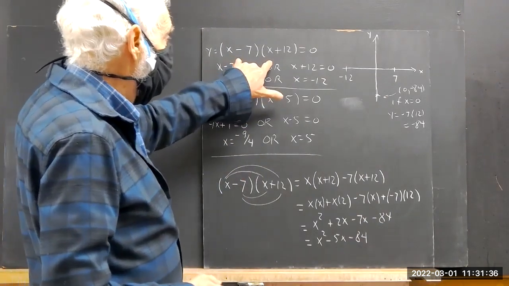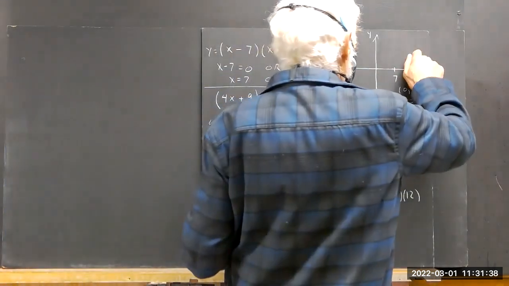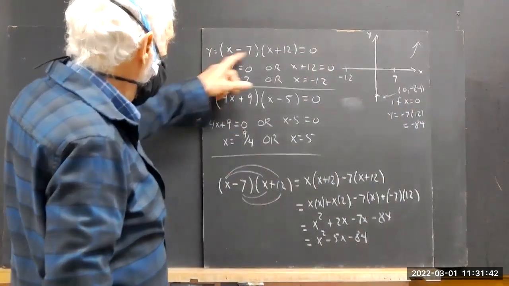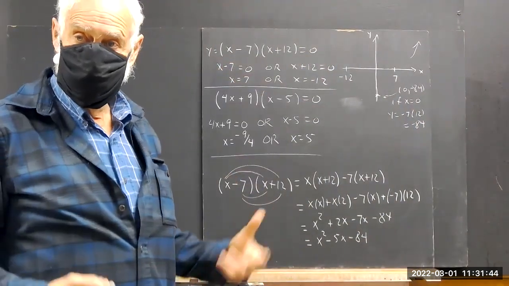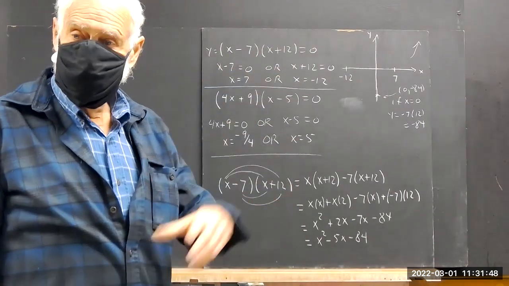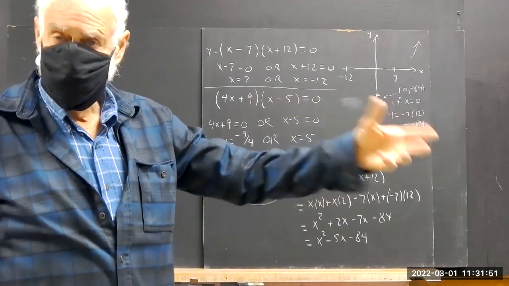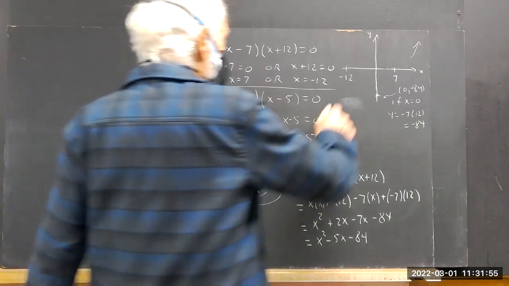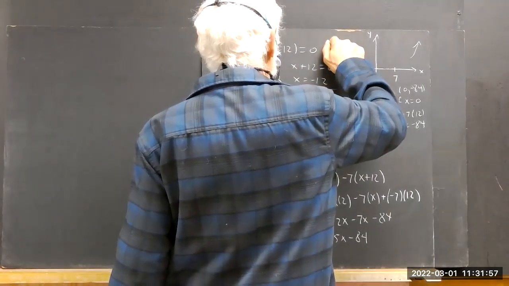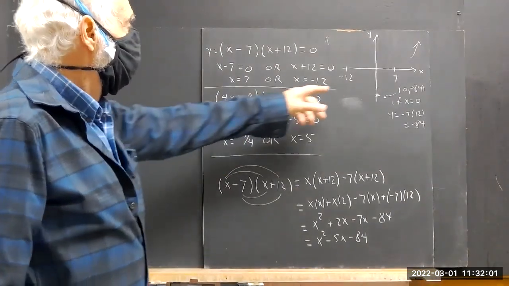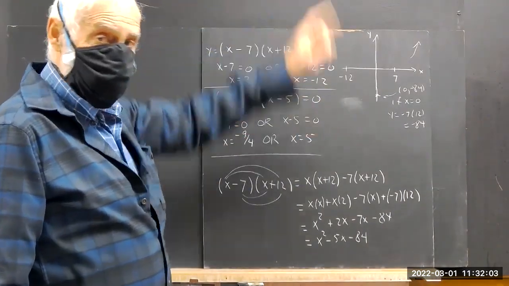Which means that when x gets big, this thing is going to be positive. If x is a big negative number, like negative a zillion, then effectively we just have negative zillion times negative a zillion. A negative times a negative is positive. And a zillion times a zillion is really big. So this tells us to the left of negative 12, well, the big negative numbers go up fast. Okay.